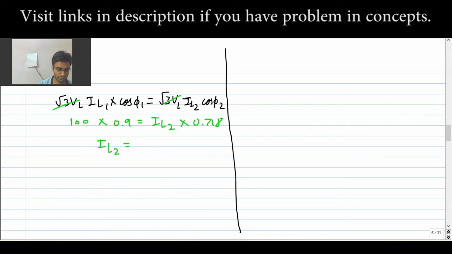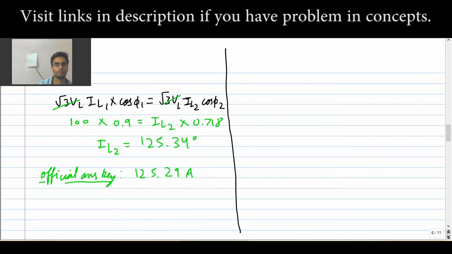What you will get? 100 into 0.9 divided by 0.718, that is 125.34. See, in the official answer key, the answer is 125.29 amps.